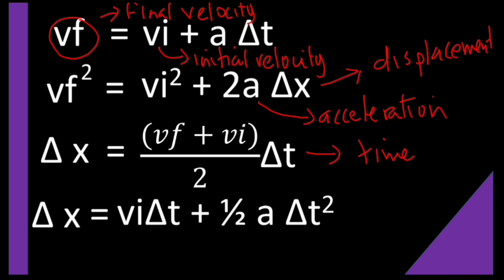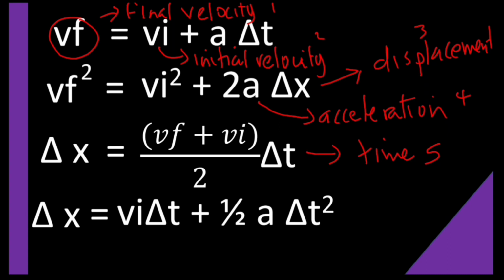Okay, so there are 5 variables, as you can see: 1, 2, 3, 4, and 5 that are involved in these big 4 equations of motion. And like I said, you've got to practice, find a way of getting around knowing them. Probably you see physics guys seem to answer questions a lot with this big 4, probably because they know the formulas. They don't even have to refer to the formula sheet.